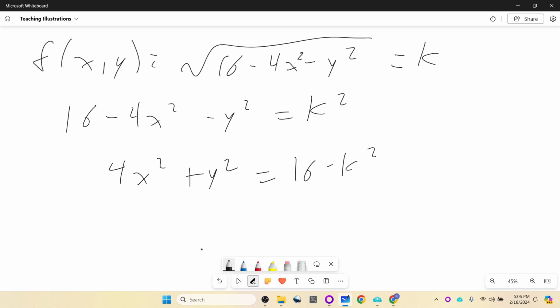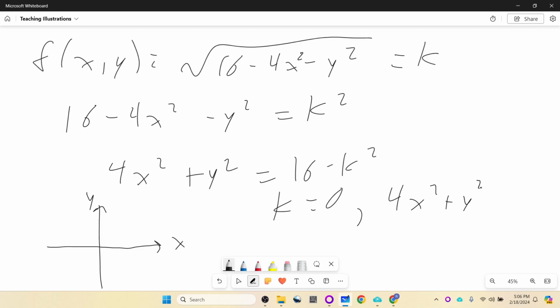We talked a little about this before. Just pick some k's here. If k equals 0, then we get 4x squared plus y squared is 16. Divide both sides by 16, and we get x squared over 4 plus y squared over 16 is 1.